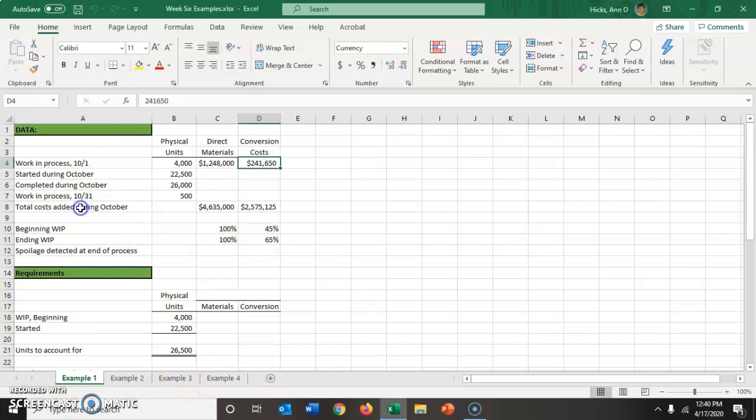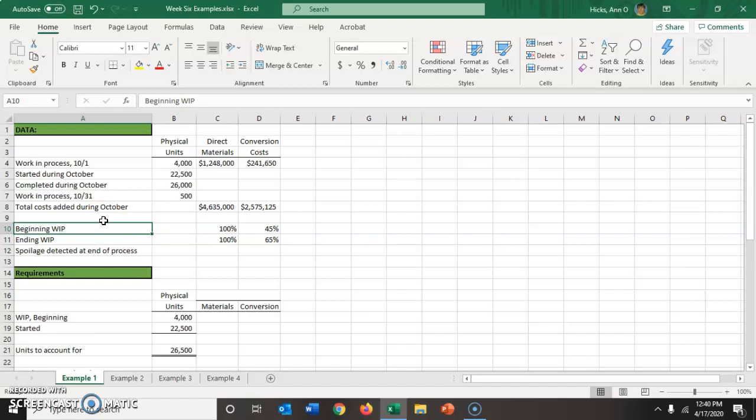Then another piece of data I'm giving you are the costs that were added during October. We added 4,635,000 in materials and 2,575,125 in conversion costs.